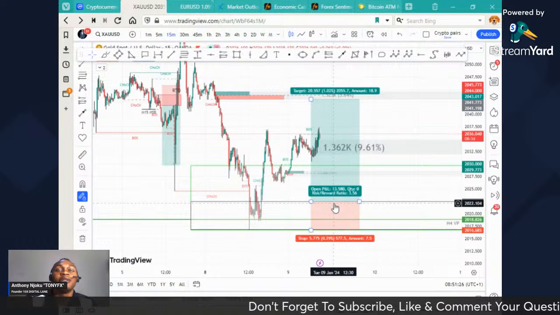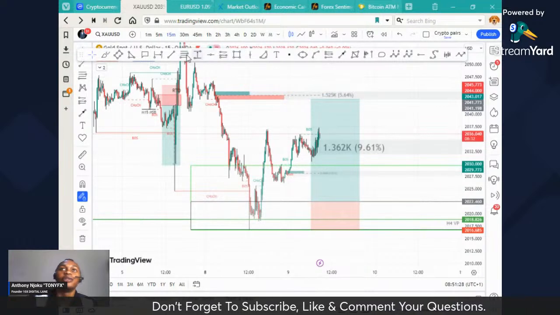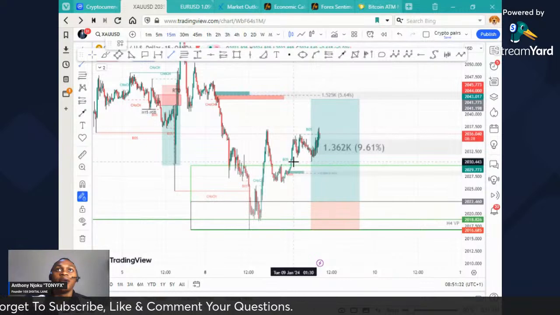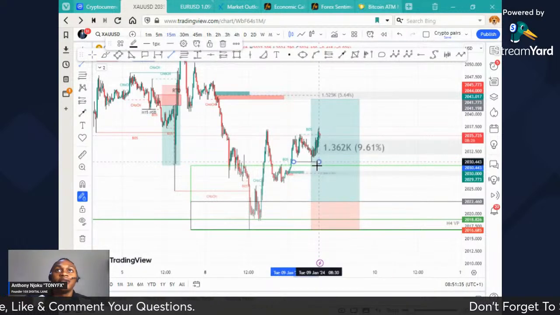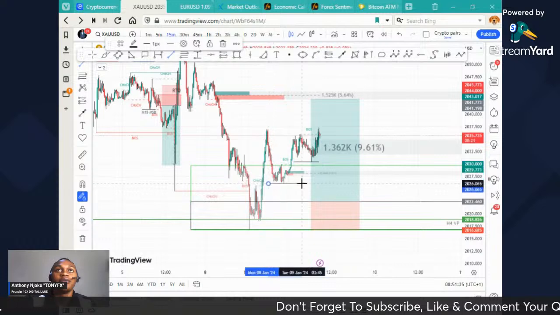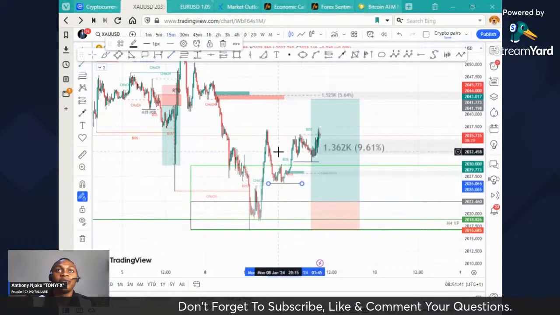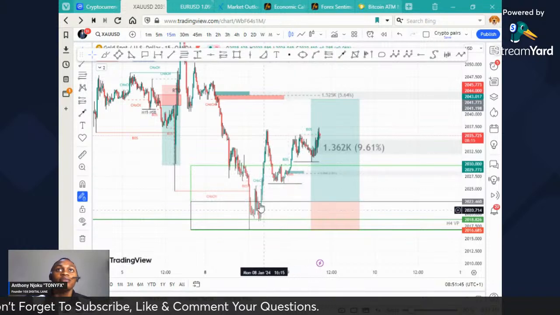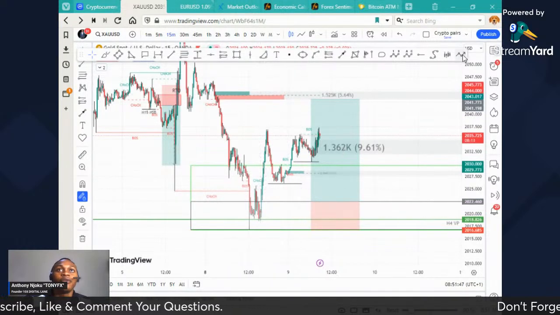What I see mainly is the market creating a pool of liquidity for impulsive traders that will buy. There is a liquidity line here and a liquidity line here for those that will place their stop loss. This is gold. There is an unfulfilled inefficiency over here.